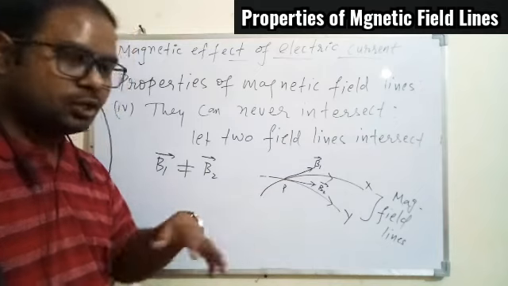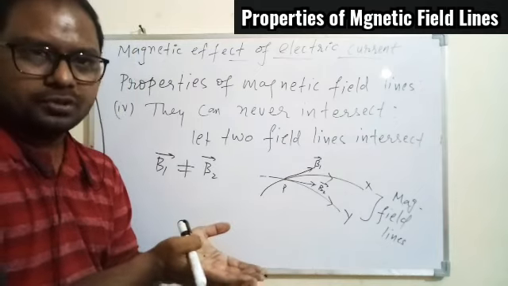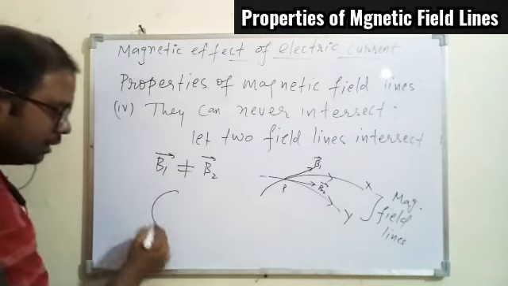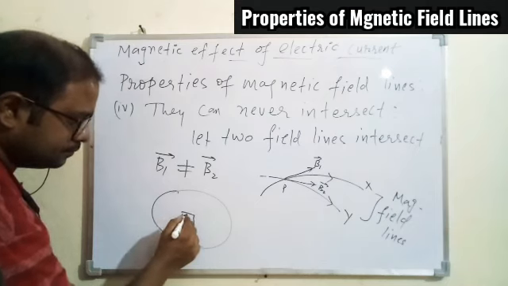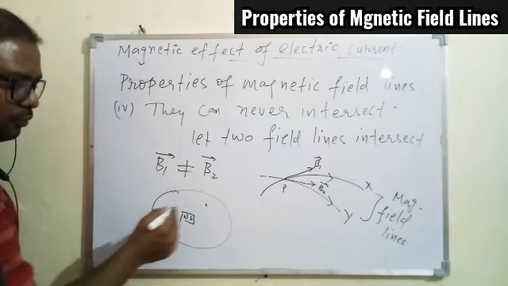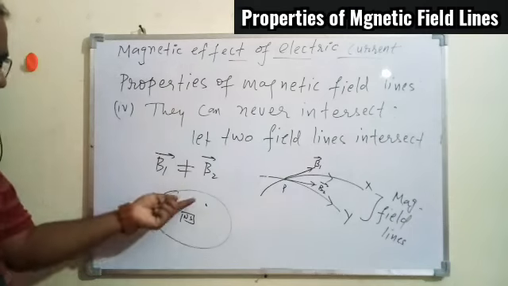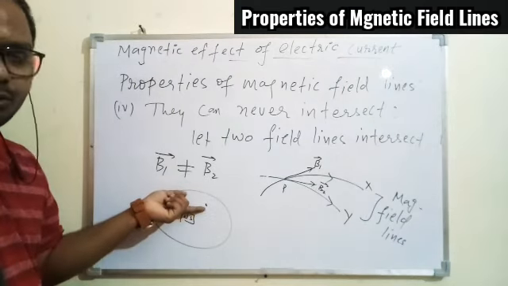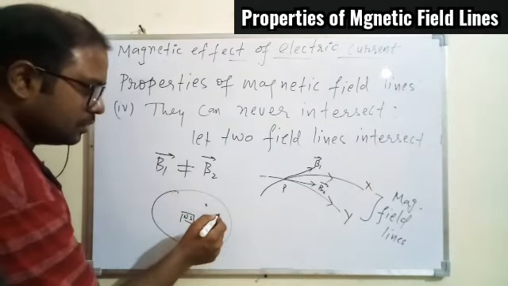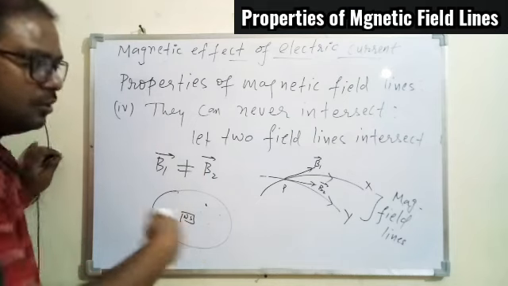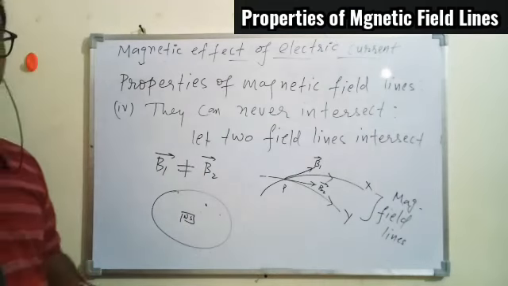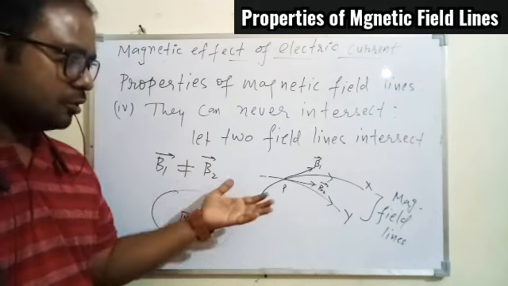Am I clear? If we have a magnet, at the same point we cannot have different forces. At this point there will be just one force, at another point another force, but two different forces at the same point is not possible.